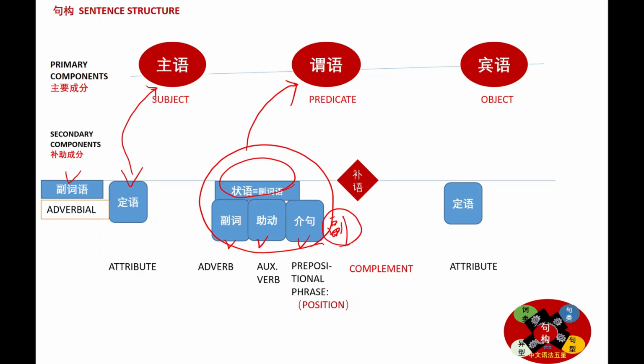Then comes what? Yes, the predicate. After the predicate comes 补语, complement. Please take note that Chinese sentence complements come after the predicate.